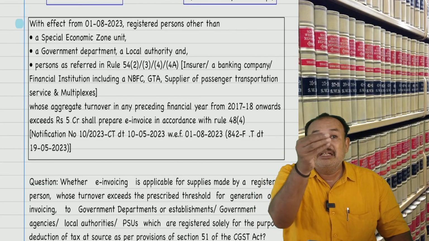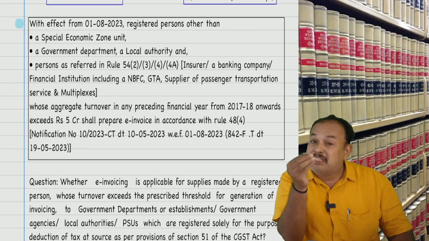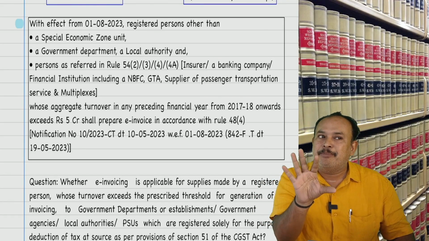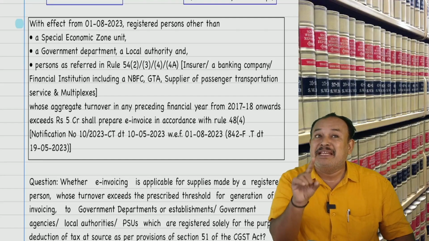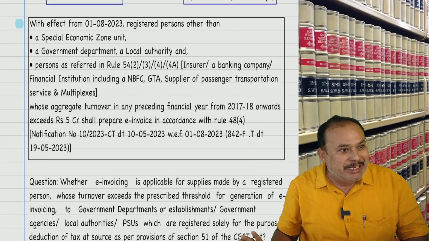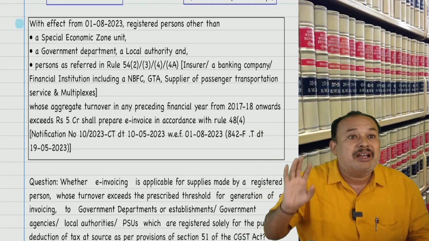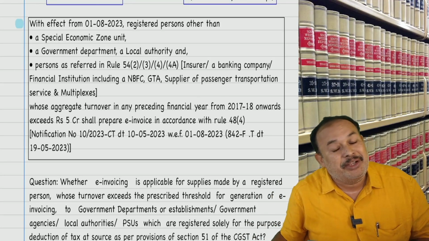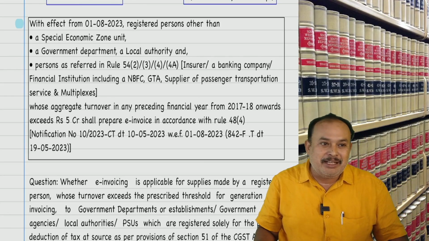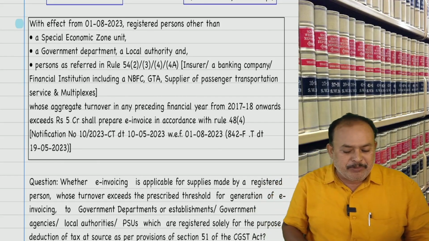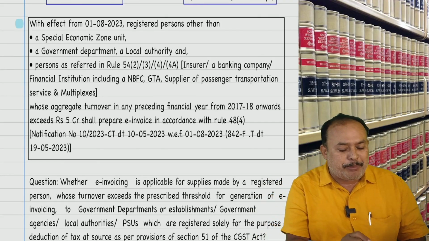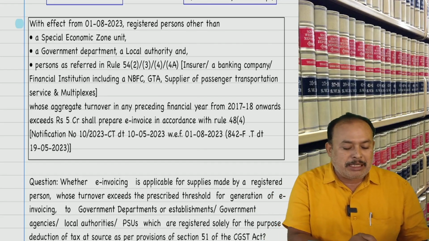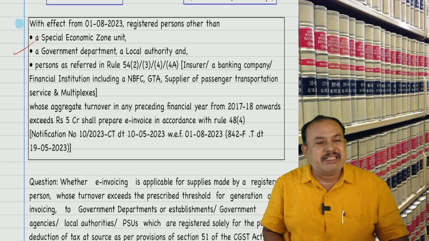However, for special economic zone developers, non-applicability of E-Invoice does not apply. Meaning, E-Invoice is applicable for a special economic zone developer if the turnover exceeds 5 crores. Is it clear? One point clear. Next point, all types of government departments. E-Invoice not applicable.